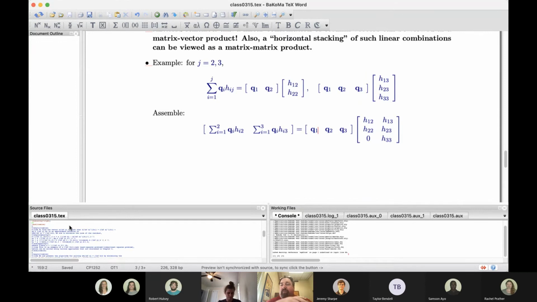This is a very valuable skill to develop, not just for homework problems in numerical linear algebra, but also it's a good research skill if you're dealing with numerical linear algebra, to be able to go back and forth between different perspectives. Because sometimes you want to work with individual entries, down to the IJ level. Other times it's helpful to look at operations in terms of larger entities, matrices, vectors, or matrix-matrix multiplication.